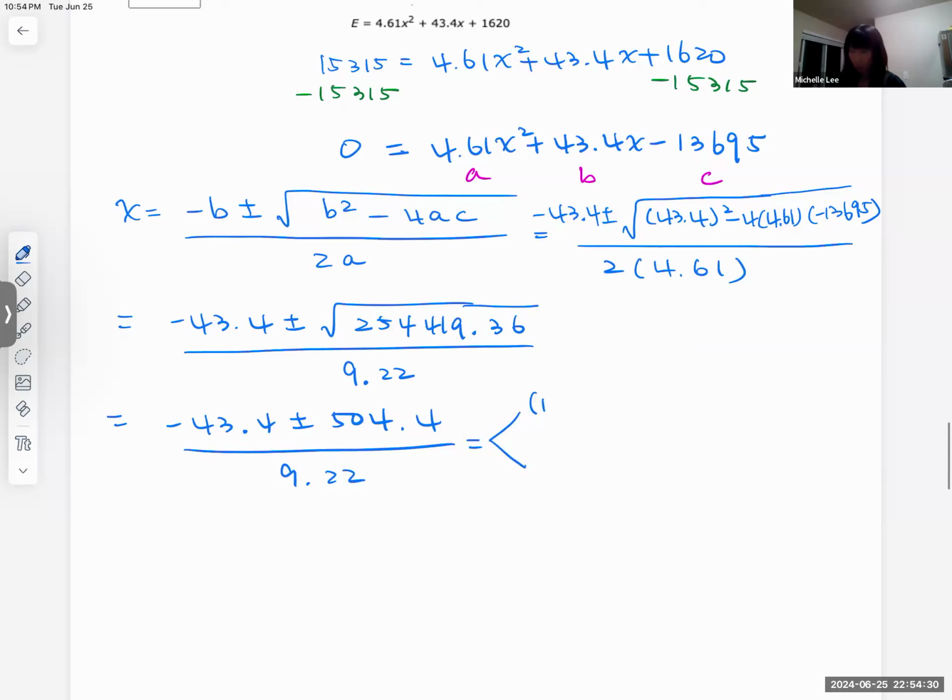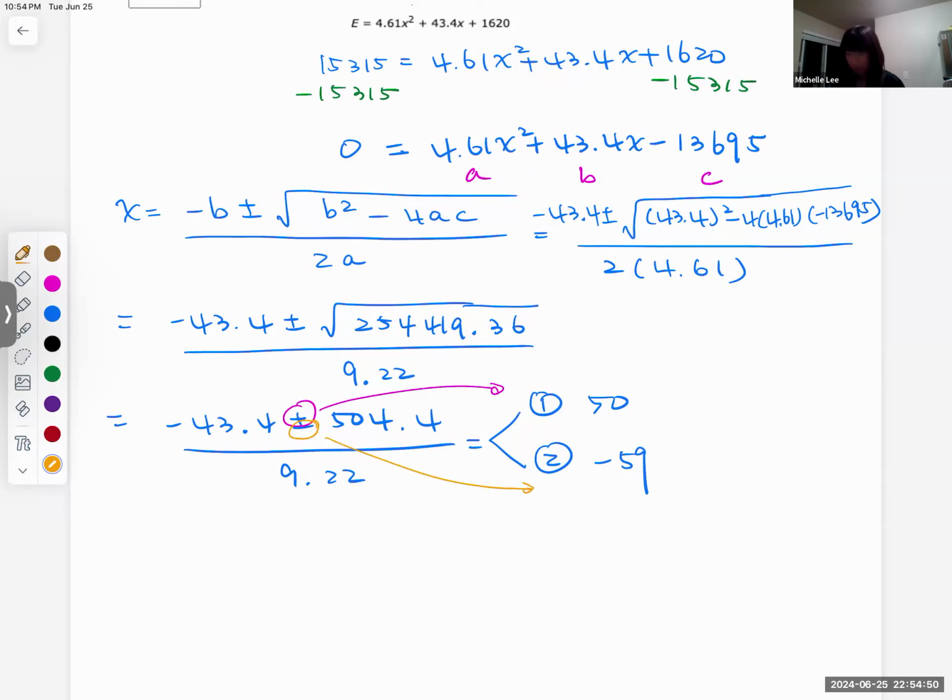Then we have two numbers, right? So number one, positive, we have 50. Number 2, we have a negative. So we are using positive here and negative here, right? So negative 55.41.